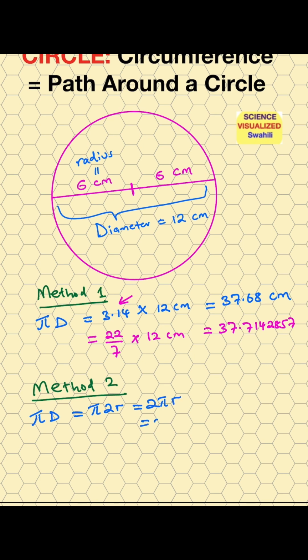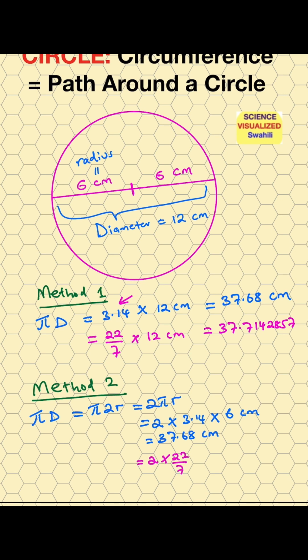So that will be equal to 2 times 3.14 times the radius, now 6 centimeters. And that gives you the same answer as before, 37.68 centimeters.